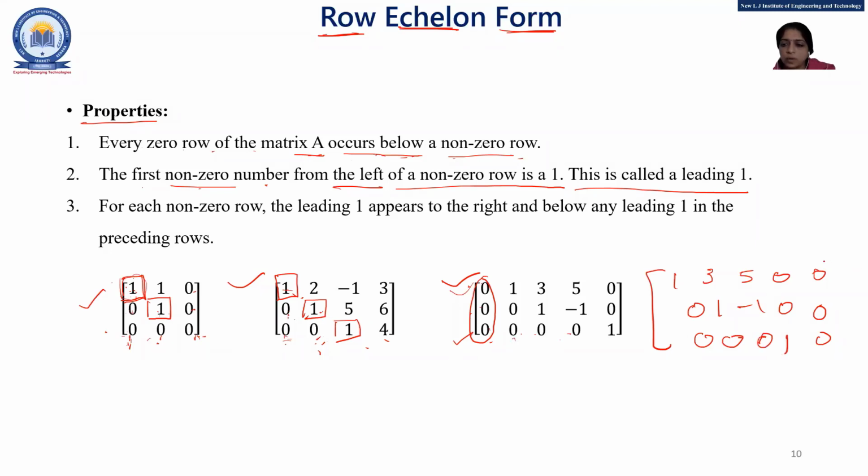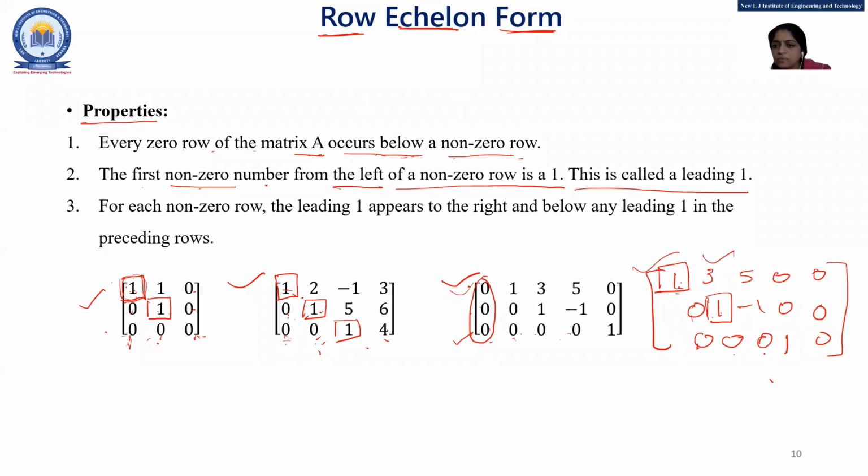Okay, so is this row echelon form? Let's check. For the first row, this is my leading element and the elements below are 0. Yes, the first condition is satisfied. For the second row, this is my leading element, the element below is 0. Yes, this one is also satisfied.